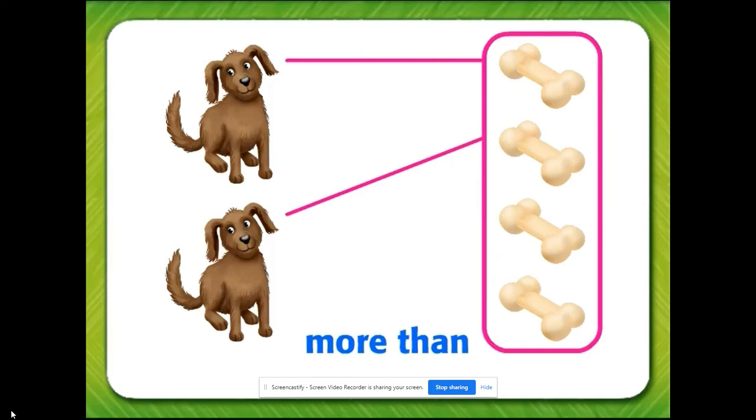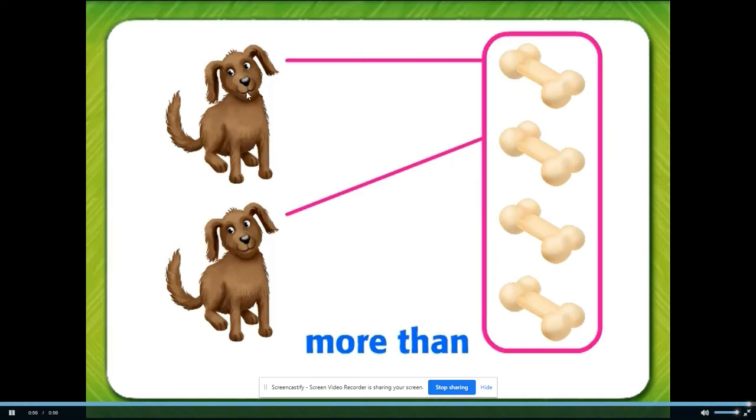Boys and girls, when I'm looking at this picture, I am counting 1, 2 dogs. When I'm looking at the bones, I count 1, 2, 3, 4 bones. The reason why they're drawing a line from the dog to the bones is to show you that when we have 2 dogs and 2 bones, that is an equal to amount.